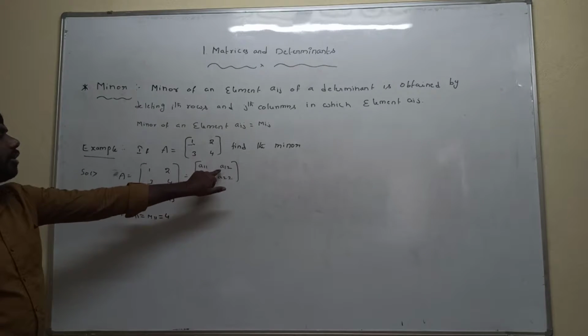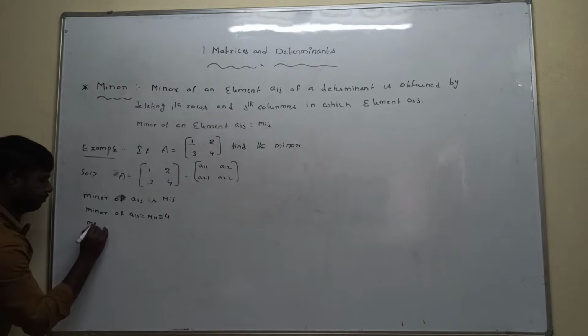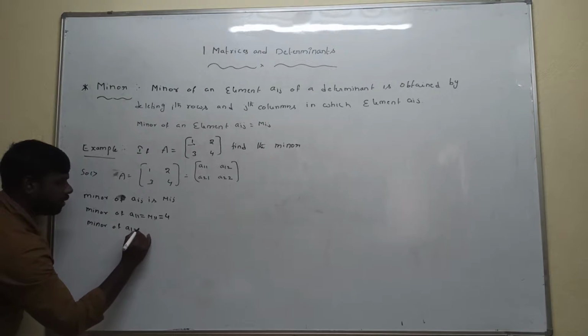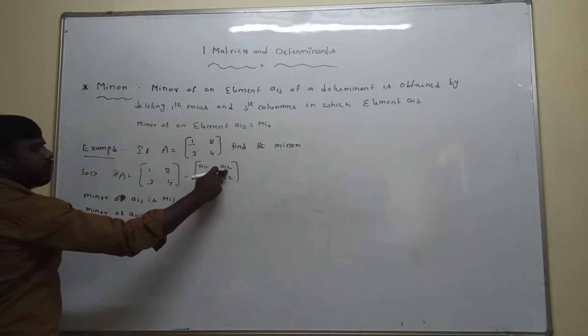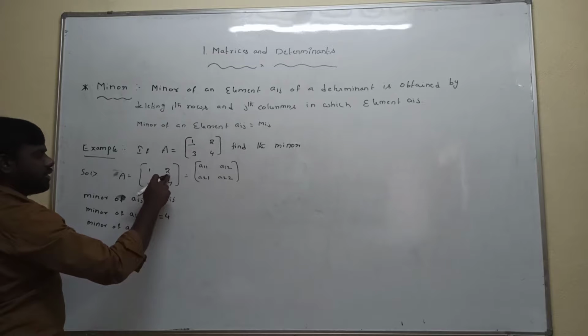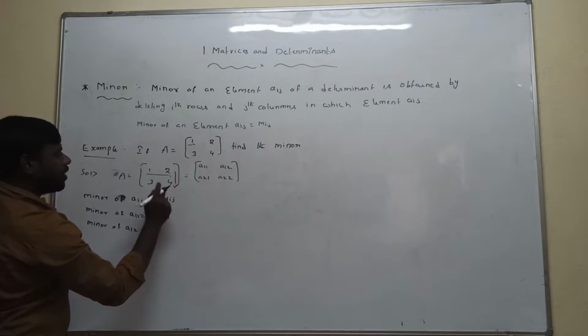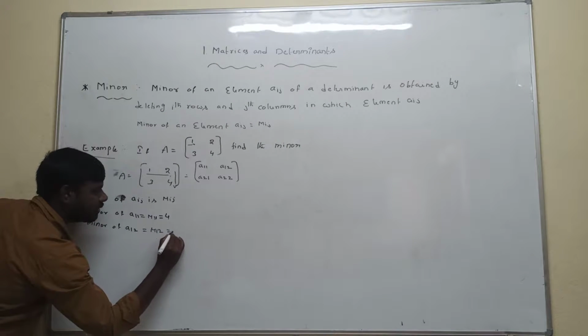Next we need to calculate the minor of A12. See here, what is the element A12? That element is 2. The 2 is present in the first row, second column, which are eliminated. What is left of the elements here? 3. So the M12 value is 3.